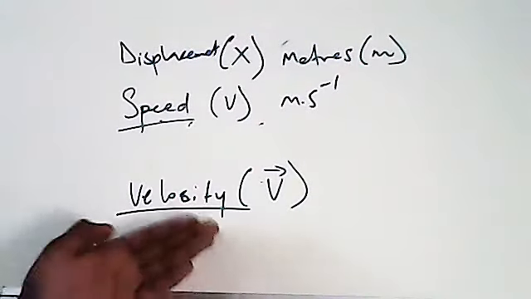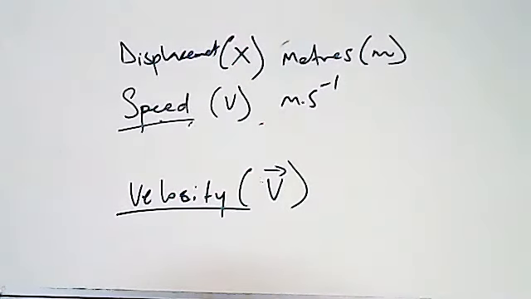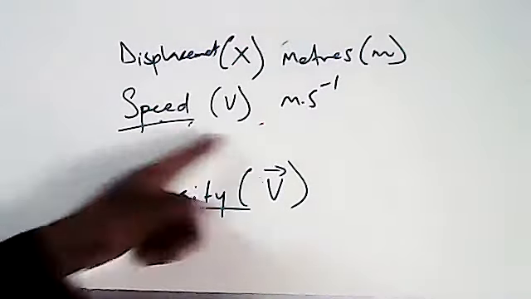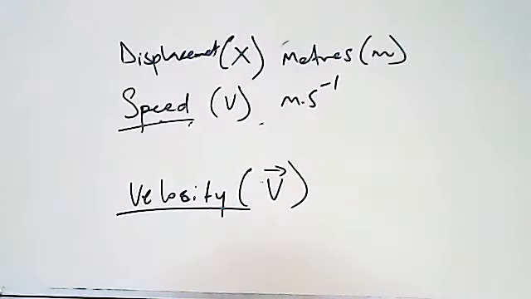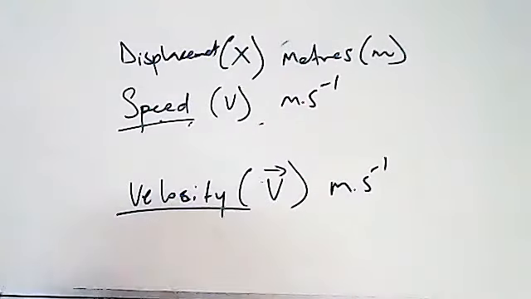Now we are being specific, because they both have V. Your speed won't have direction, you just write meters per second. Also, for velocity, the units are meters per second. So that is why you have to be specific and put the arrow to show that it is a vector quantity.